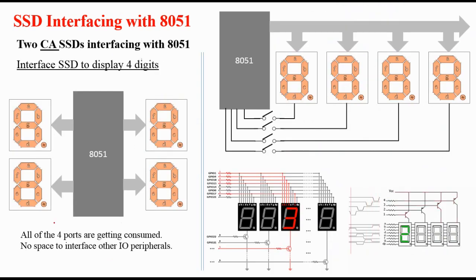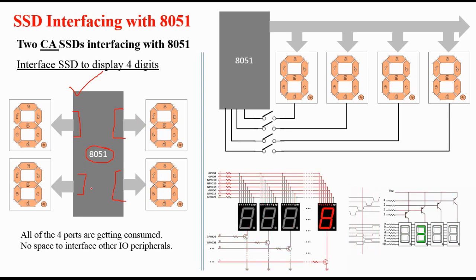Now let us suppose we want to display 4 digits. For that purpose we require four 7 segment displays. If we try to interface those four 7 segment displays, we will interface like this. We have the 8051 microcontroller, and to port 0 we will connect one 7 segment display. In the same way, for ports P1, P2 and P3, to each port we will connect a 7 segment display.